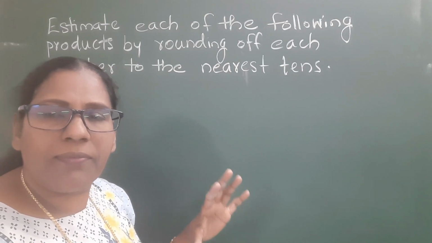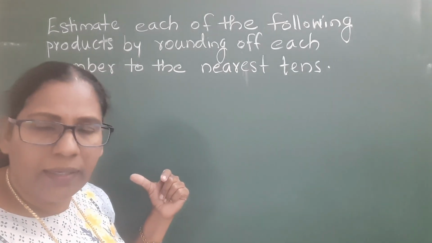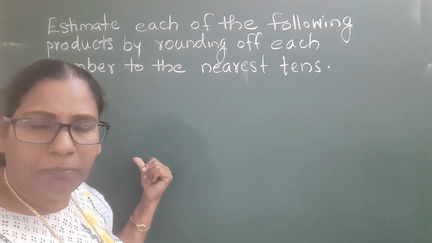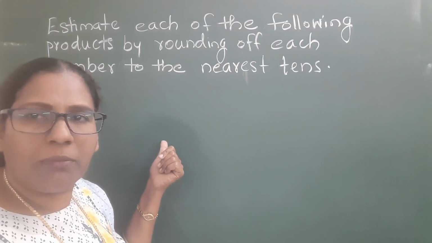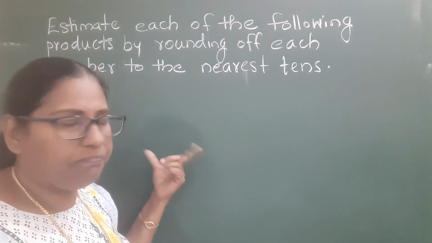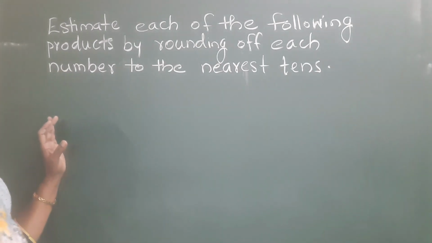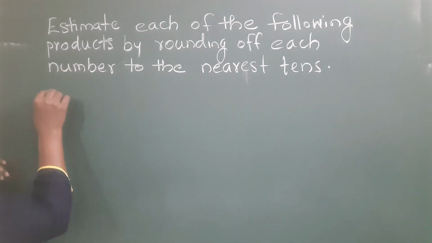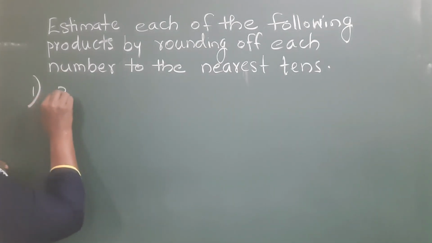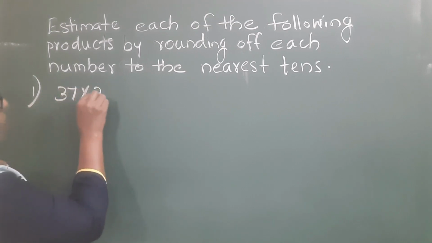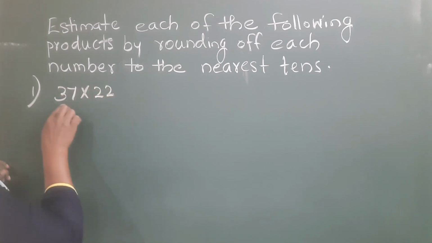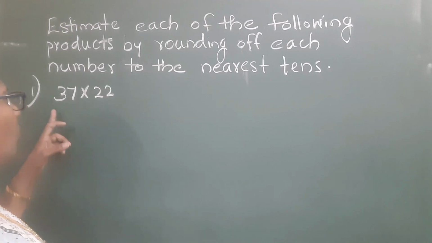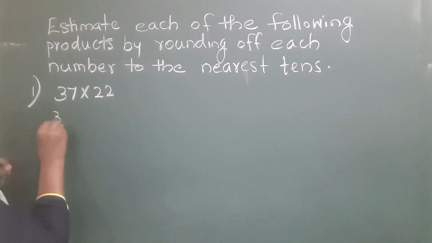These numbers first we have to round off to the nearest 10. Then we have to do the multiplication. After doing multiplication, we get the product. So here, 37 into 22. The first question is 37 into 22. Both the numbers we have to round off. So first we will do 37.